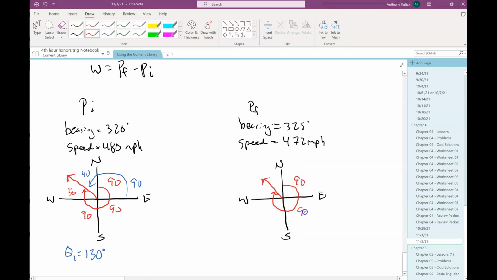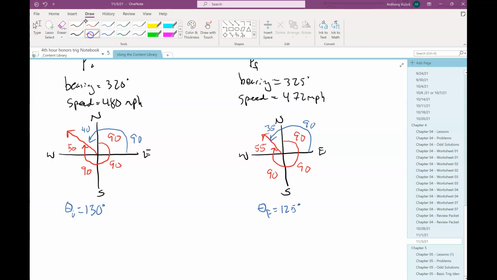So 90, 90, 90, and then 55. So that's 90 and 35. Actually, let's use I's and F's, right? It's probably better. So it's going to be 125. So far, so good.